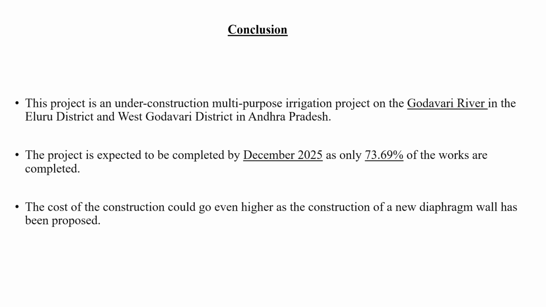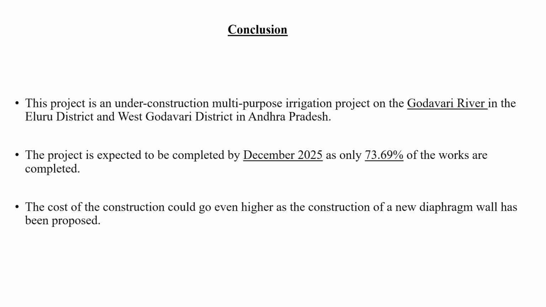Then finally we have some conclusion, that is a very important part of this presentation. This project is under construction. It is not yet constructed completely. So it is an under construction multi-purpose irrigation project on the Godavari River in the Eluru district and West Godavari district.